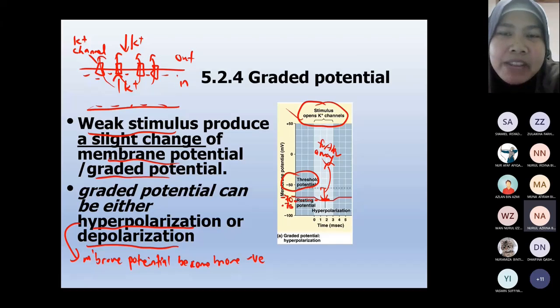What makes us not feel the pain? That is because the impulse has been blocked. The impulse that is transmitted to your pain receptor has been blocked due to the opening of potassium ion channels. So potassium ion diffused out of the membrane, so the membrane becomes more negative.